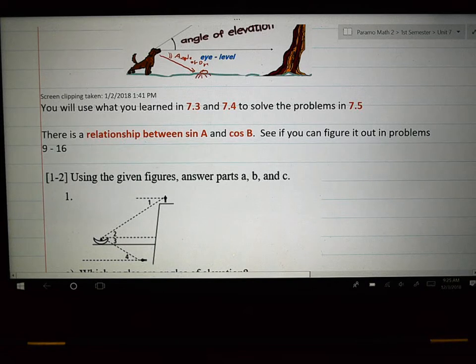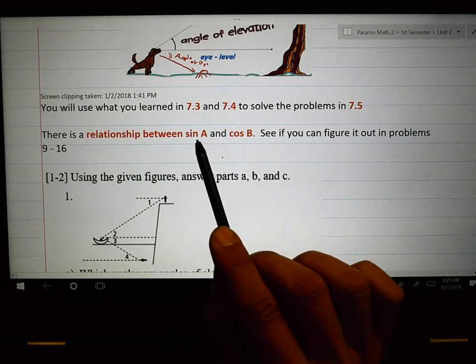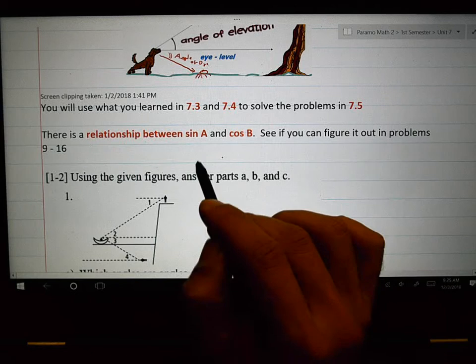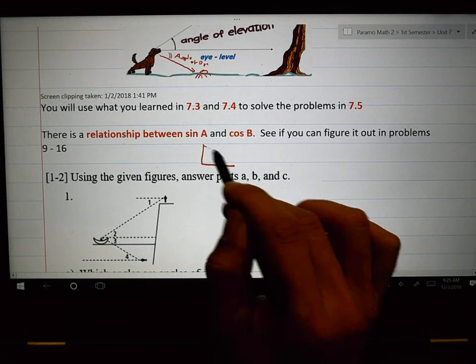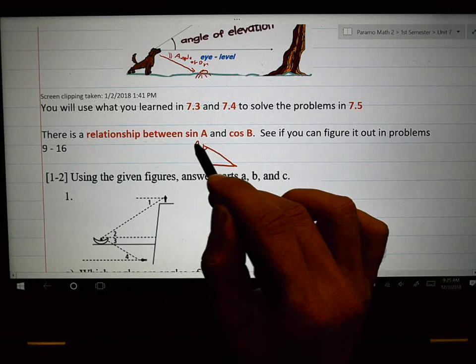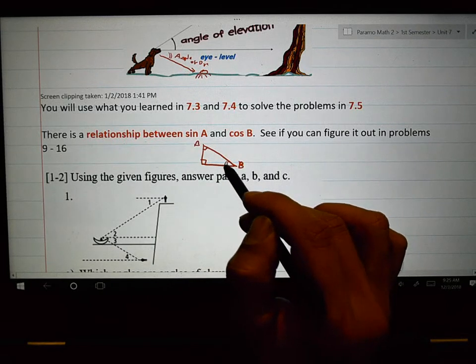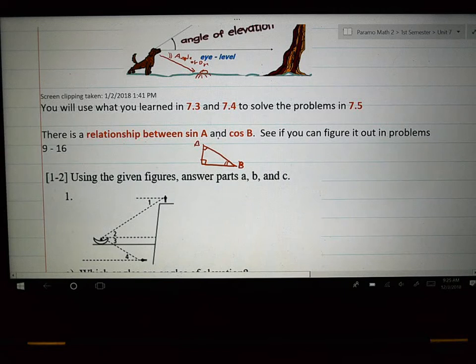The last thing that I have here says there is a relationship between the sine of A and the cosine of B. The sine of A, the acute angle of a right triangle, let's call it A, and the cosine of B, the other angle, there's a relationship between those two things.